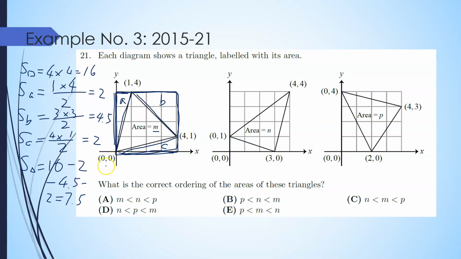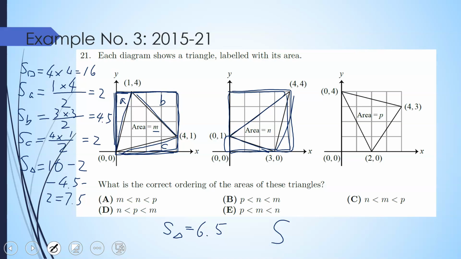And in the same way, we can get the area of N equals 6.5, which is the total area of the square minus the 3 triangles.